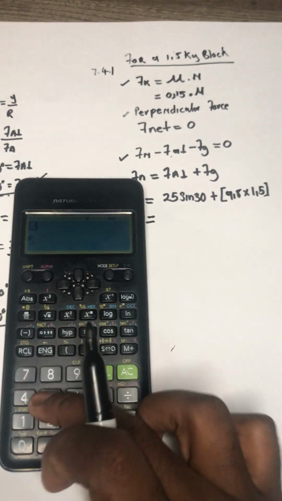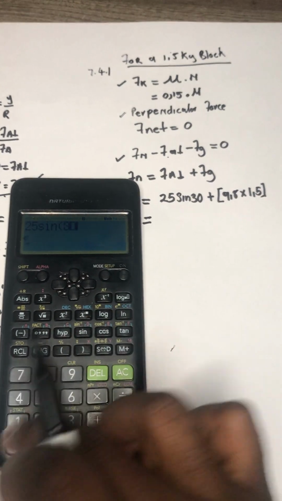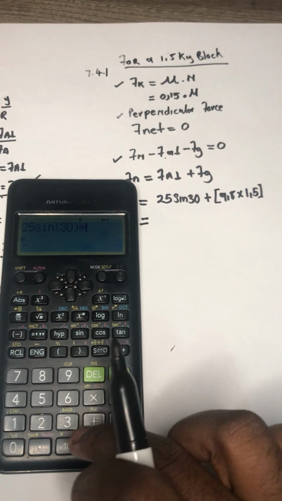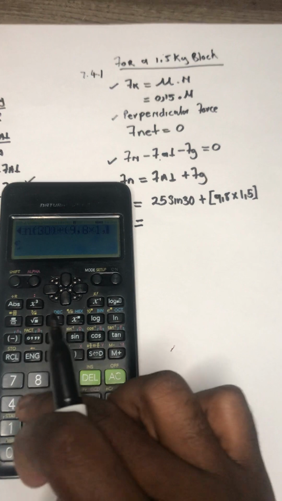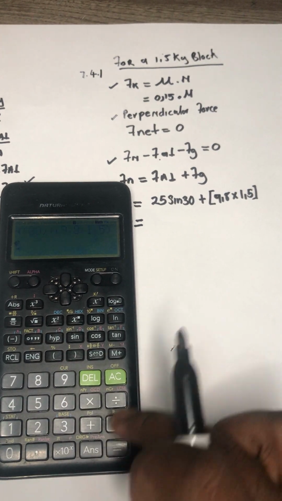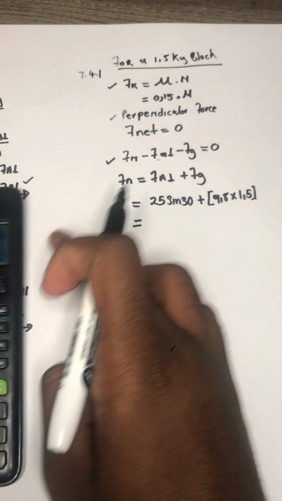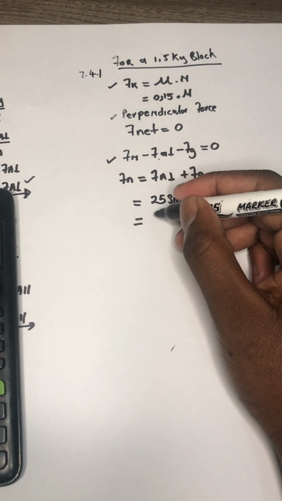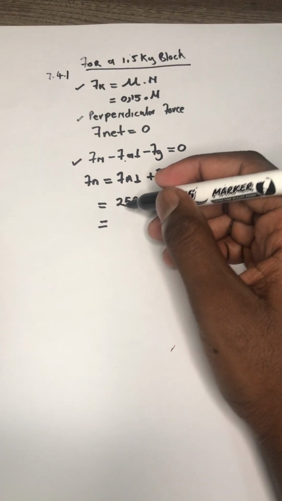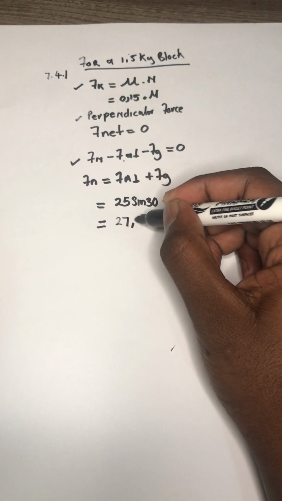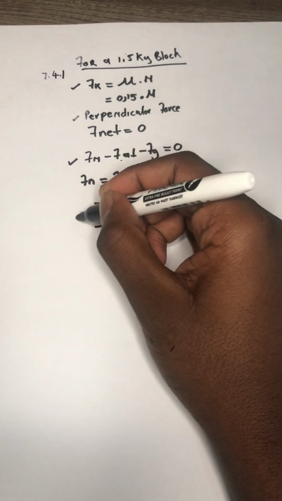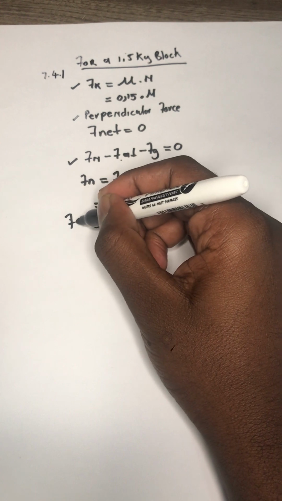Okay, so which is 25 sin 30. Ungalenzi put social calculator. Okay, so before we equal sign in motion calculator, check ukuthi ubhale into correct. Qala 27.2 newtons, that is our normal force.